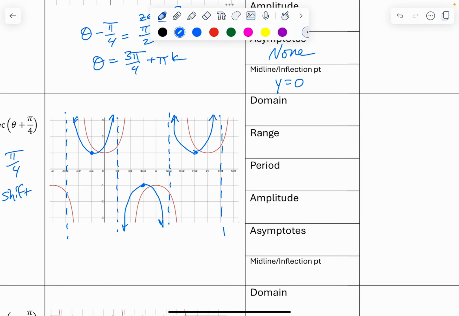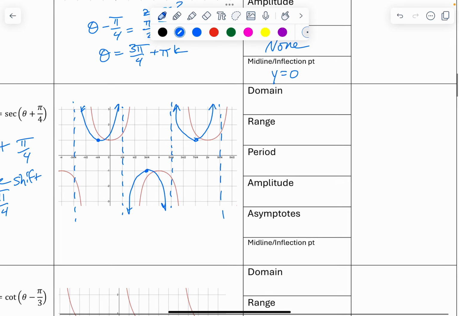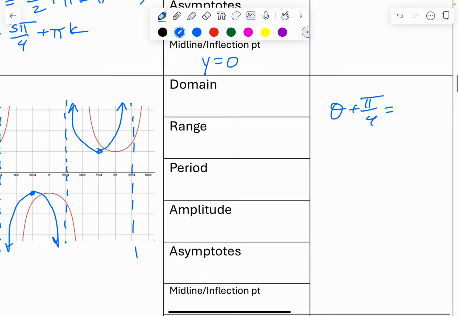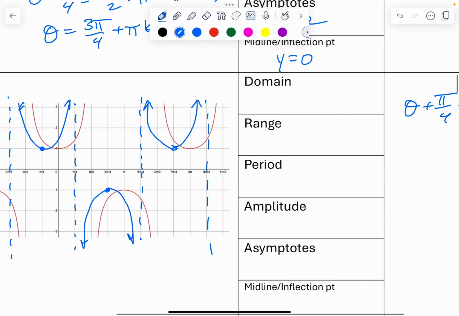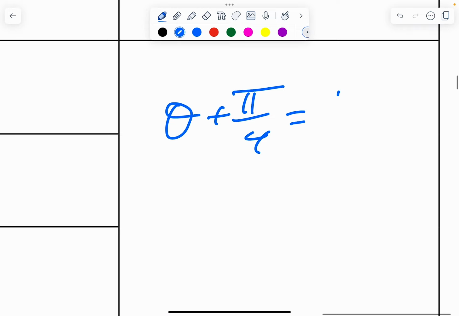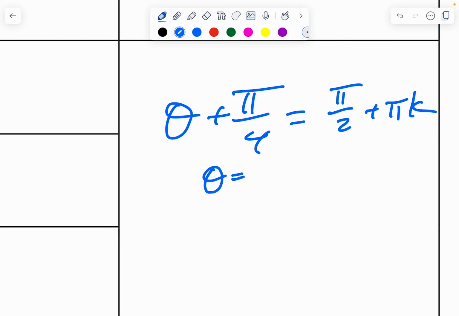What I would do to find the asymptotes is take this part of the equation, theta plus pi over 4, and set that equal to the parent function's asymptotes. So what parent function is this? This is secant, which has asymptotes at pi over 2 plus pi k. So now I solve for theta, and my new asymptotes are at pi over 4 plus pi k.